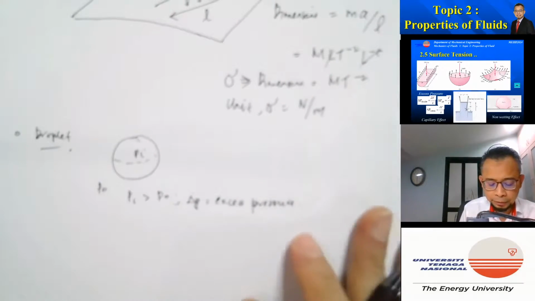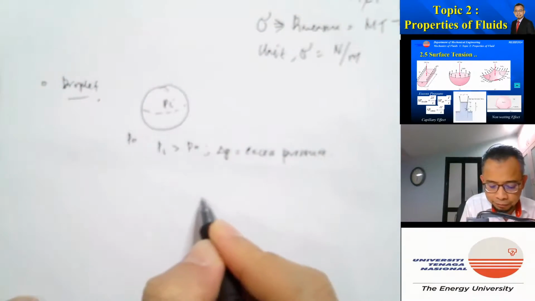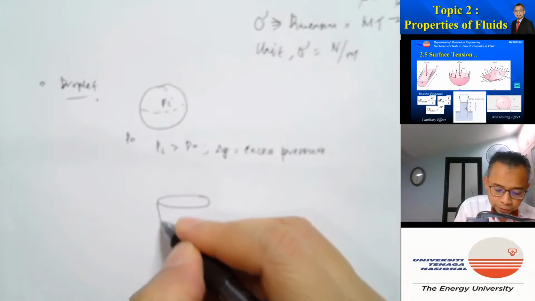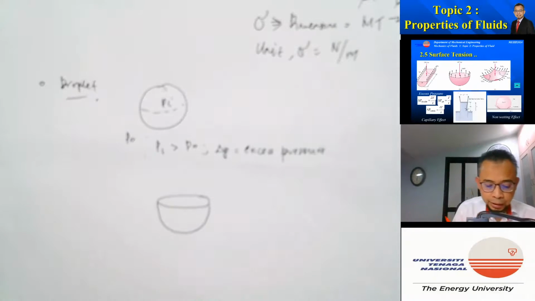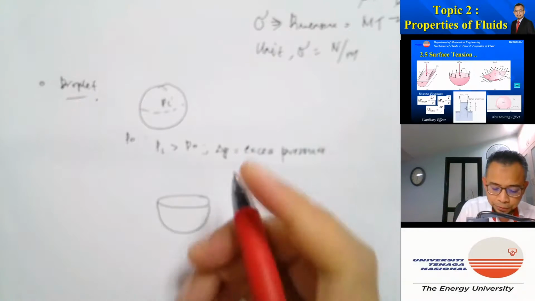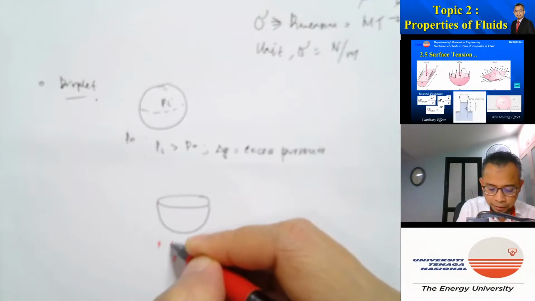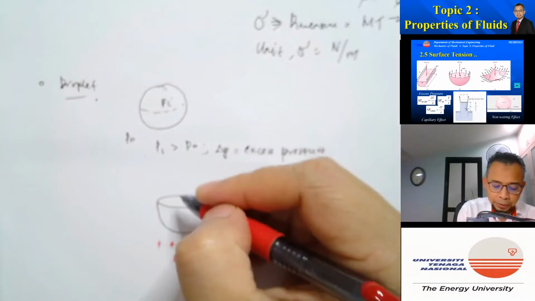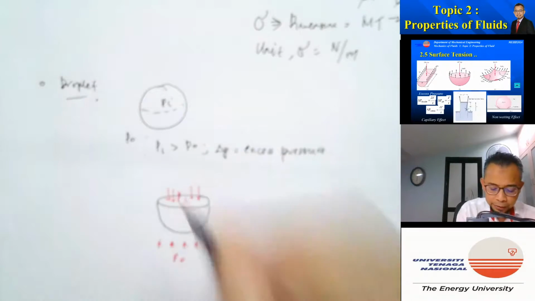In order to do that, I cut the droplet in half and draw a free body diagram. The pressure outside is P out, acting like that, and the pressure inside is Pi, acting like that.